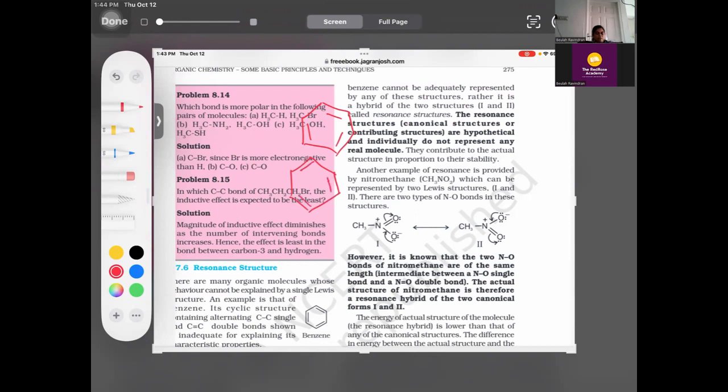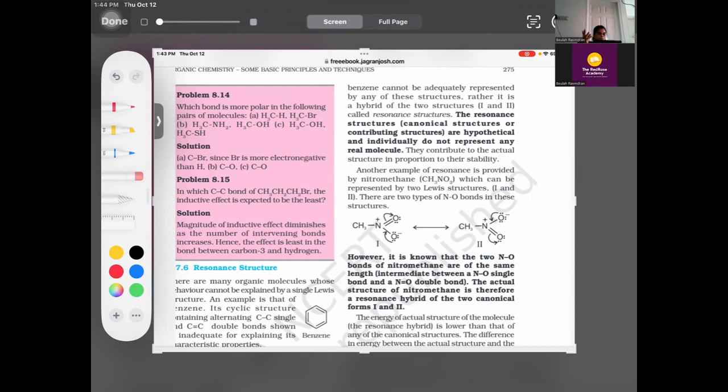Out of these two forms, we can provide some hybrid structure. That structure is known as the resonance structure, and these two are known as canonical structures. Got it? The resonance structures, canonical structures or contributing structures, we can name it either way.